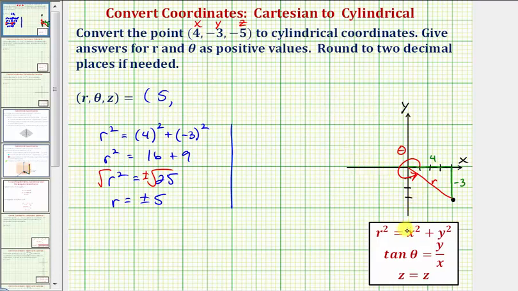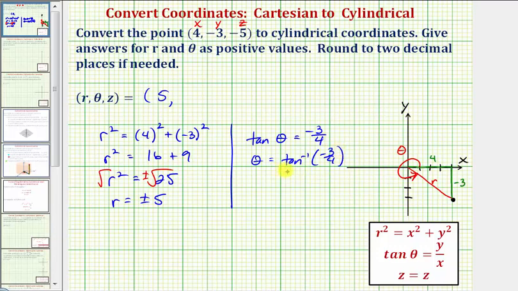Next, to find theta, we'll use the equation tangent theta equals y divided by x. So we have tangent theta is equal to y divided by x would be -3 divided by 4, or -3/4. And now to solve for angle theta, we would take the inverse tangent or arctangent of both sides of the equation. So theta is equal to inverse tangent of -3/4.